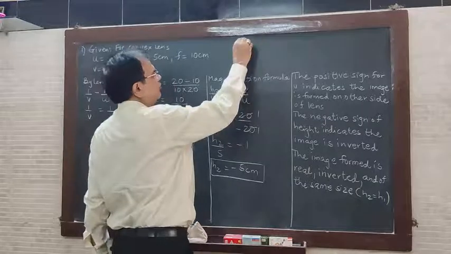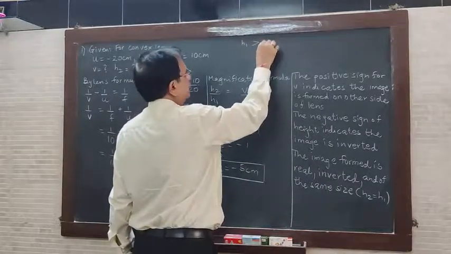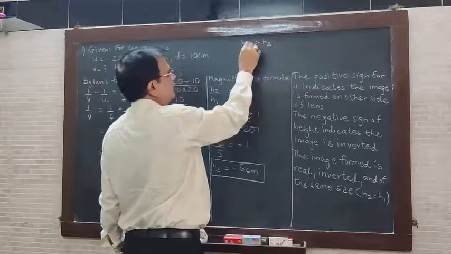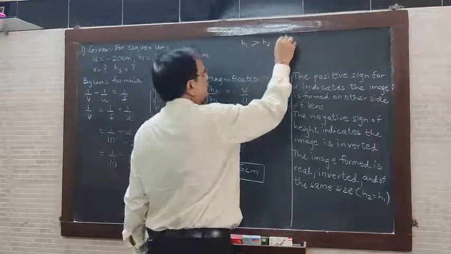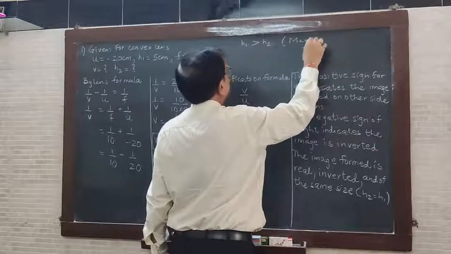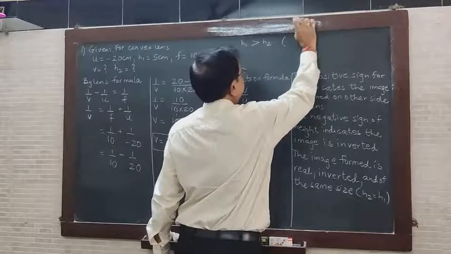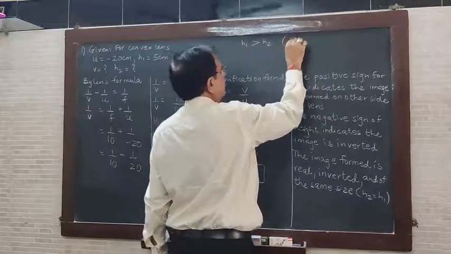I had forgotten to tell you that if the height of the object is greater than the height of the image formed, the image is diminished.